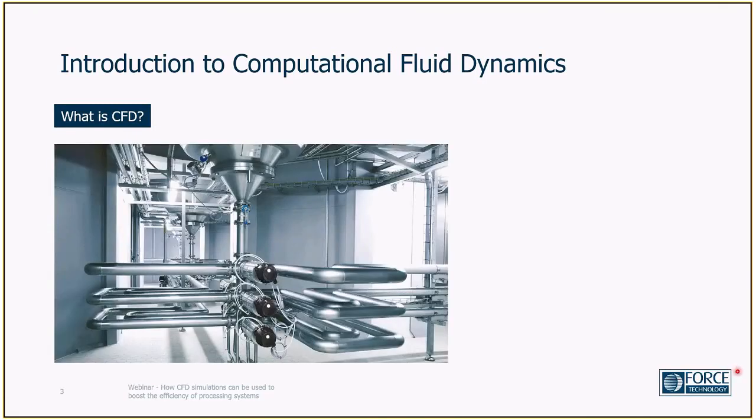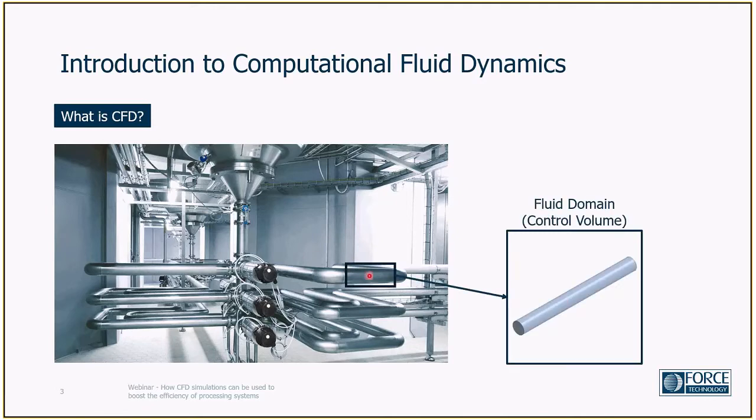In this case, we have a piping system, more or less complex, where we want, for instance, to analyze this part of the piping system. This is just a straight pipe. And when talking about CFD, that's what we call the fluid domain, and it's our control volume.